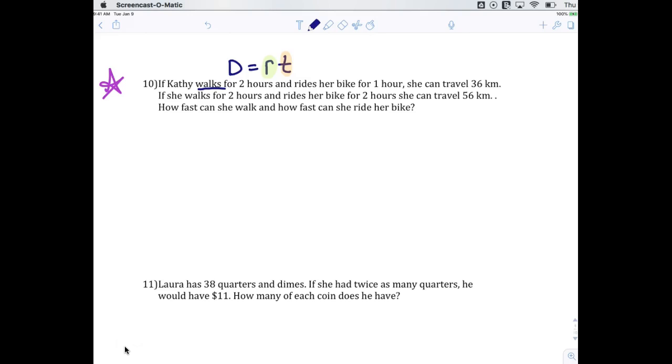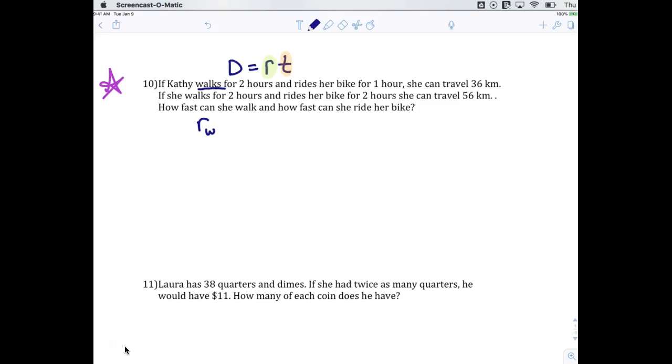Now watch, I'm going to write the variable: the rate at which she walks. That is a subscript. The subscript is good simply because I don't have to make it x and y, because I'm talking about two different rates, and I want you to know that the rates are different. So I don't know her rate, but I know that she's going to be walking for 2 hours. How far will she have walked after 2 hours?